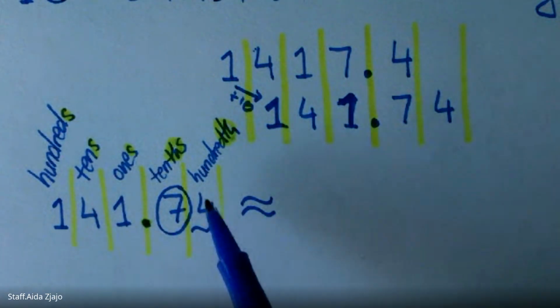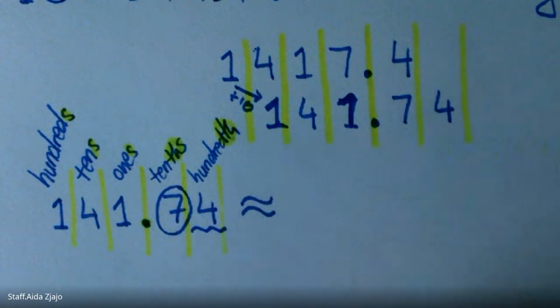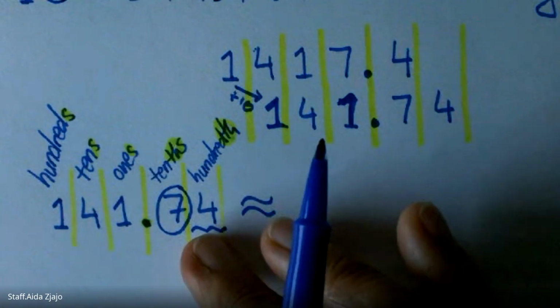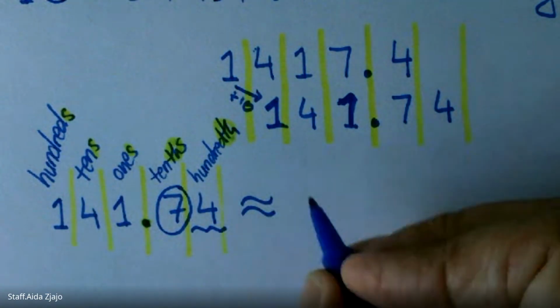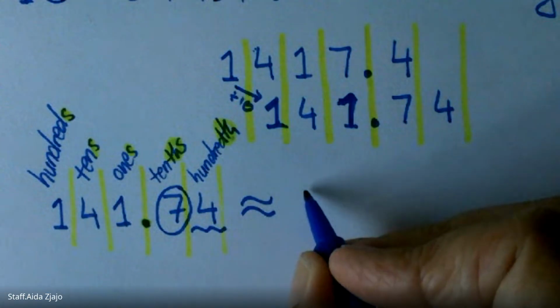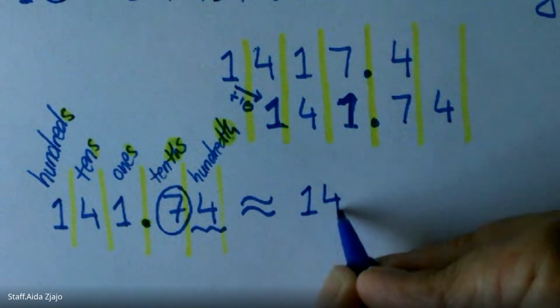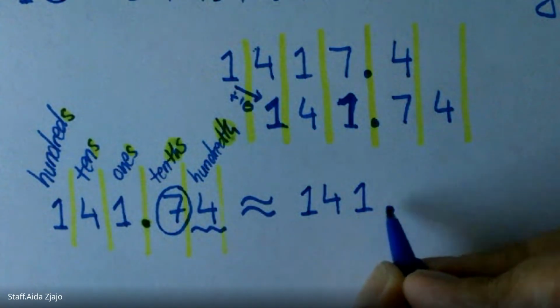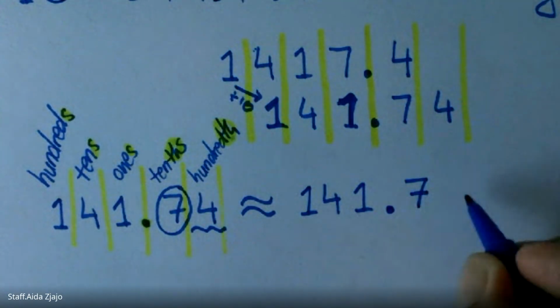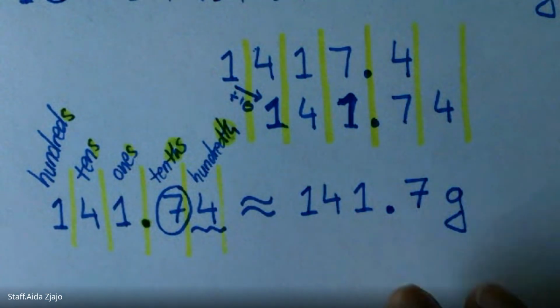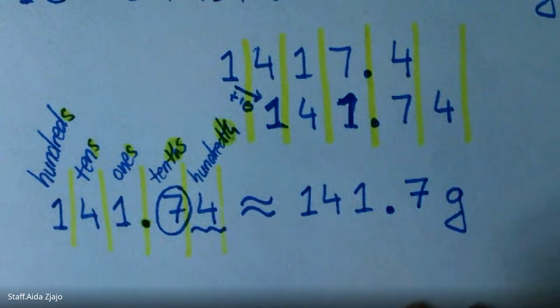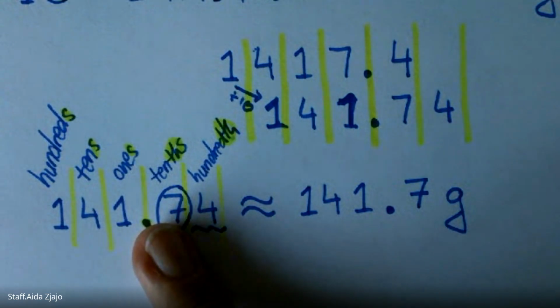I have only 4 hundredths, so that is less than 5. So I'm going to round this to 141 wholes and only 7 tenths of a gram. That is when you round to the nearest tenth.